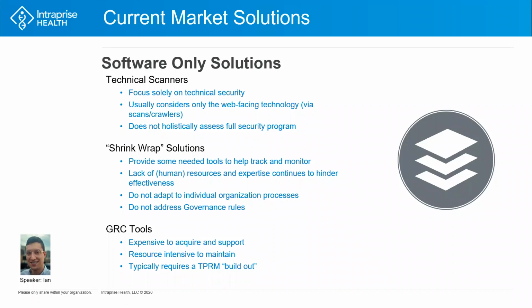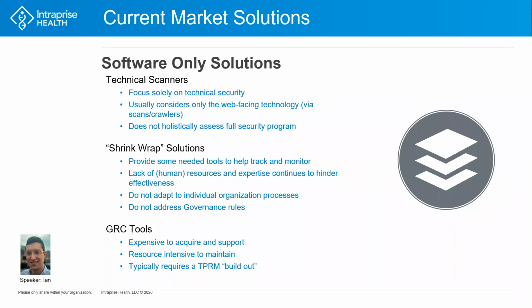Lastly, speaking directly to that challenge of the lack of addressing the governance rules, are, of course, GRC tools, governance, risk, and compliance tools and platforms that really, do to an extent holistically assess the internal security program and are a valuable tool for security departments within organizations.